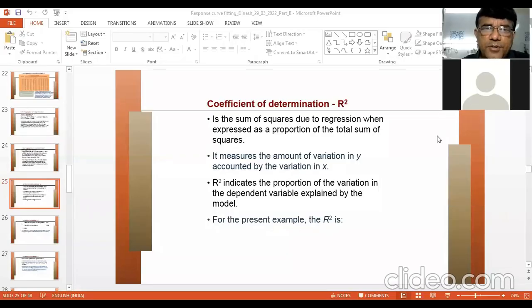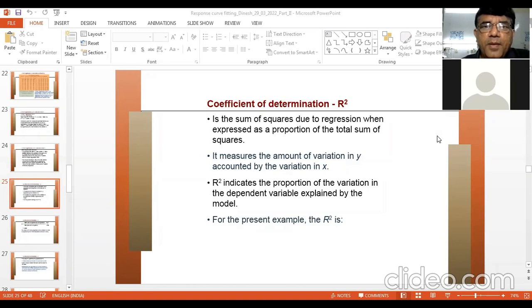So let us try to understand the coefficient of determination. Whenever you face an interview, many times people ask you, tell me the difference between correlation coefficient and coefficient of determination. So students normally answer that, first you define the correlation coefficient and then simply say that if you square the value of correlation coefficient, then it becomes coefficient of determination.